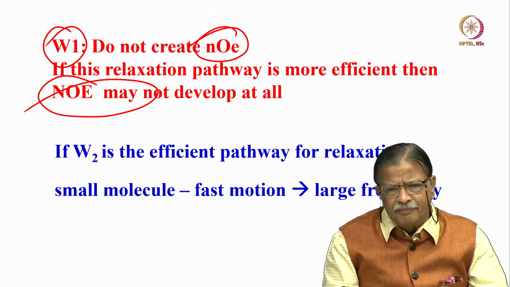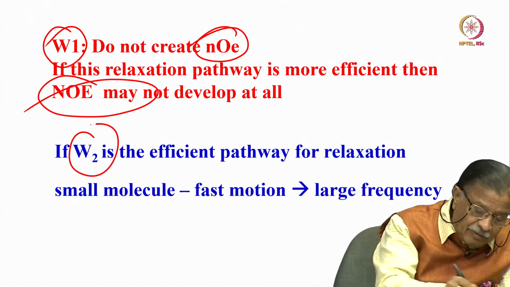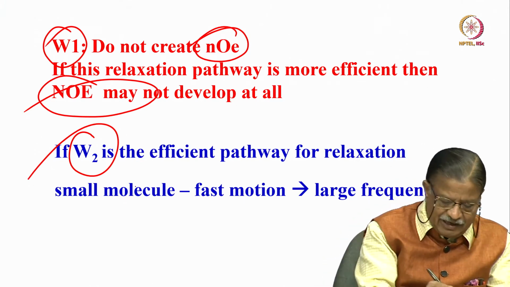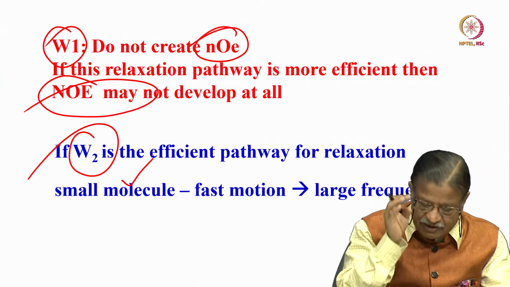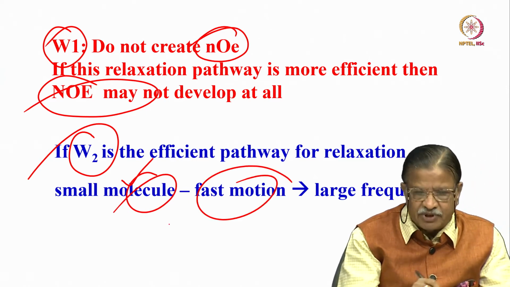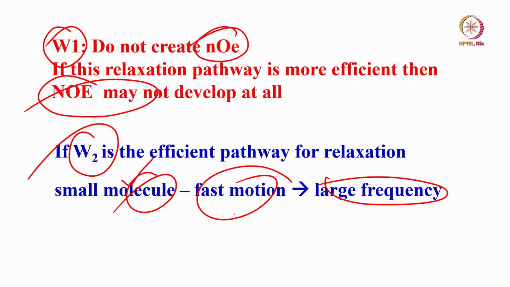On the other hand, if W2 is an efficient pathway for relaxation, this phenomenon can be experienced in small molecules where there is fast motion and the motional frequencies are very large, then W2 is an efficient pathway for relaxation and you get positive NOE. So, you understand, for a positive NOE case, the double quantum relaxation pathway W2 should be more efficient, and this can happen for small molecules undergoing fast motion.